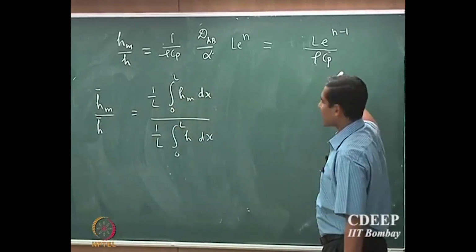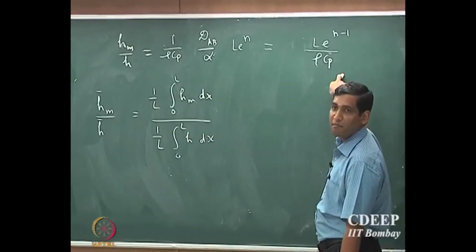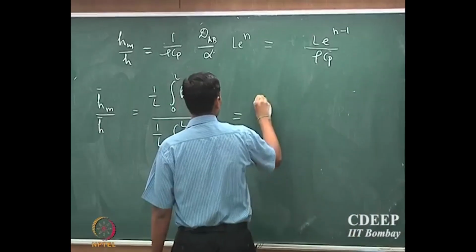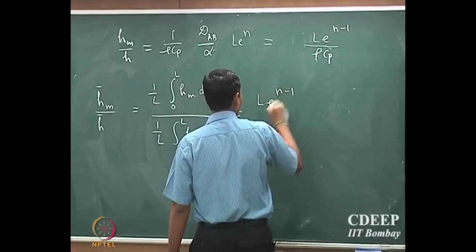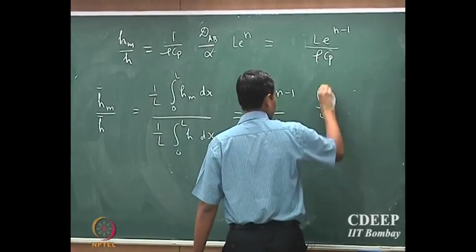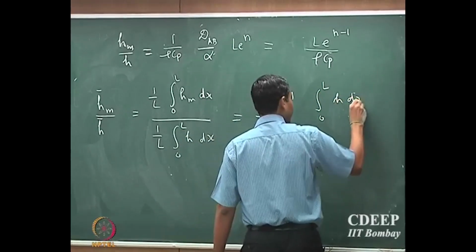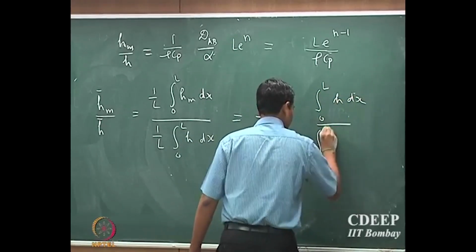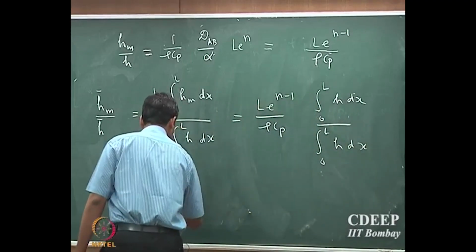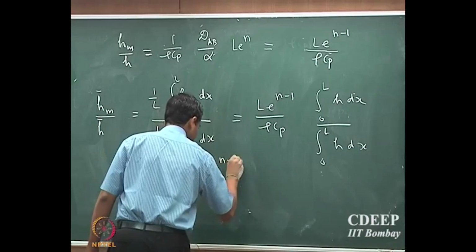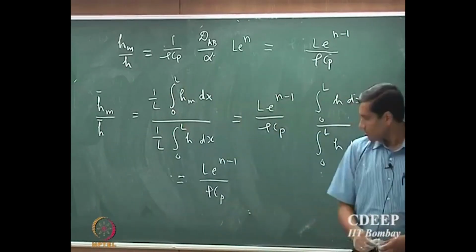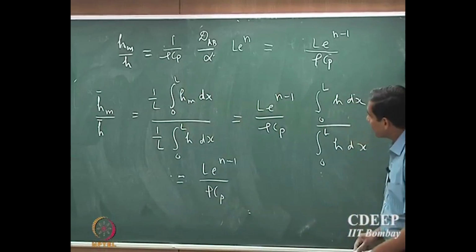So now we can use this expression for local heat and mass transport coefficient, and so we can rewrite this as Lewis number to the power of n minus 1 by rho Cp into integral 0 to L H dx, and so that will be by rho Cp, right.